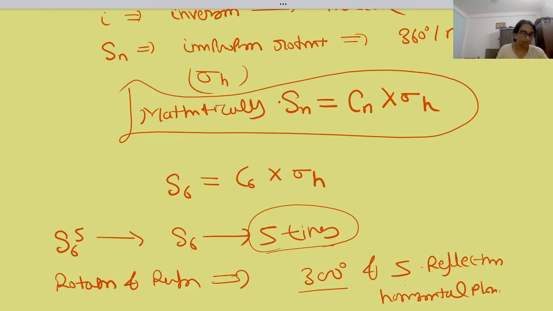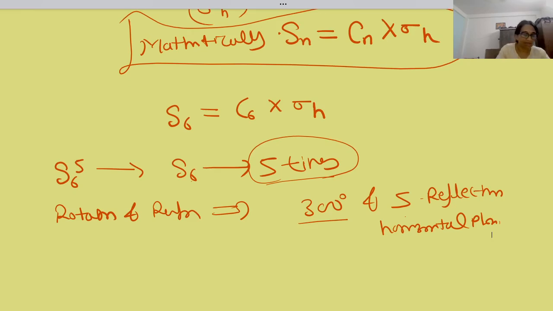Now, the property of sigma h: reflecting twice across the same plane returns the object to its original position.